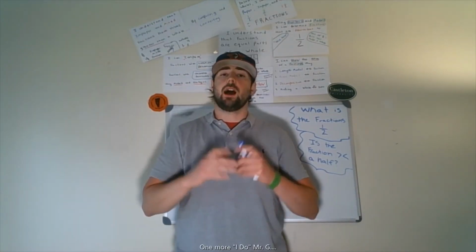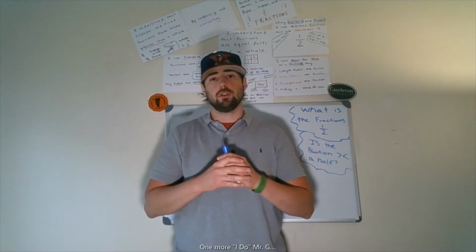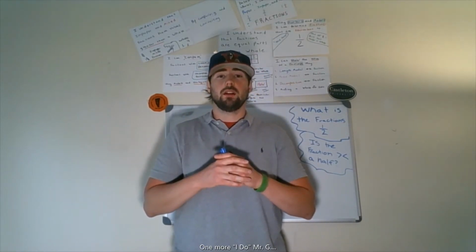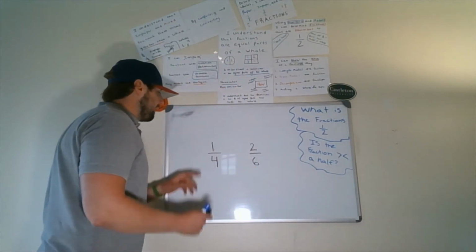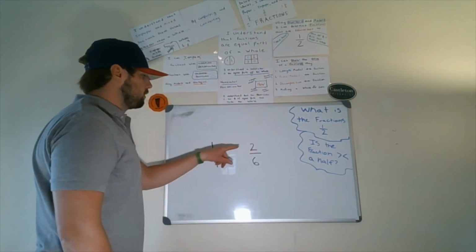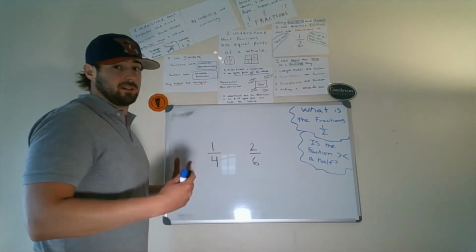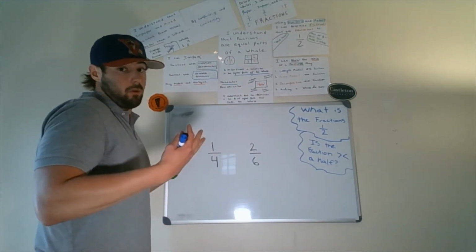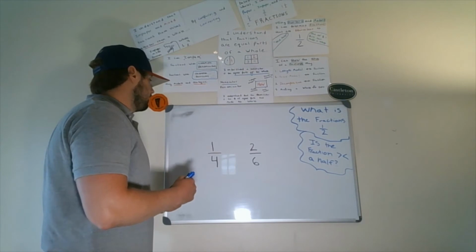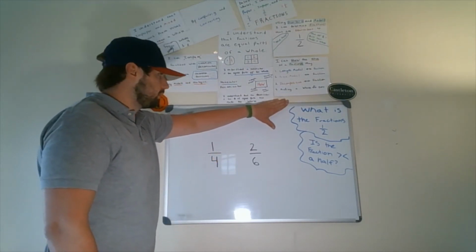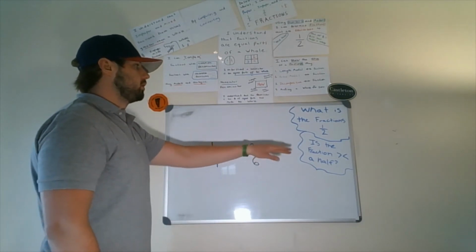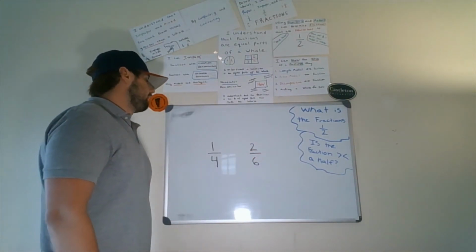Let's take a look at one more example for this you do before we begin using this strategy together in our we do. Comparing 1/4 to 2/6, which is greater than, less than, or equal to, using the strategy of thinking in halves. So, asking my 2 questions, looking at these 2 fractions.